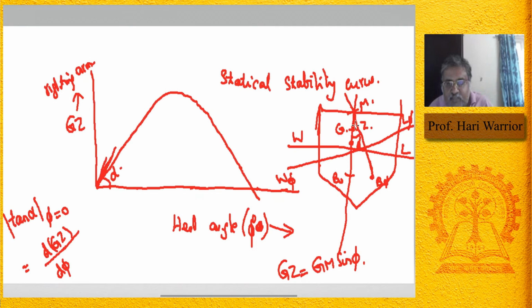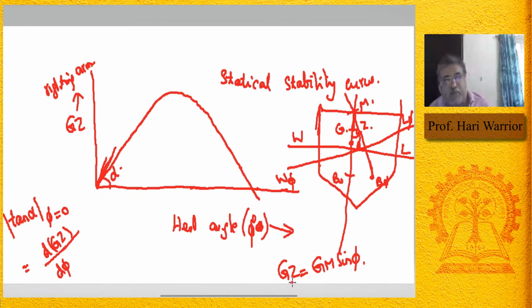This figure doesn't look good, but it is actually perpendicular because we are finding the lever arm. To get the lever arm, we have to draw a perpendicular from G to this line, and where it hits is Z. So this angle is phi, and therefore we get the formula GZ equals GM sine phi.